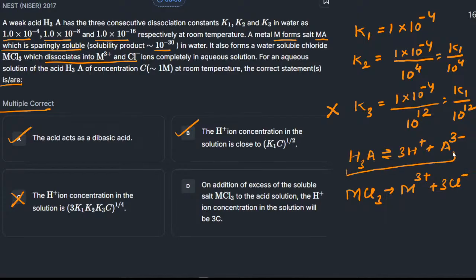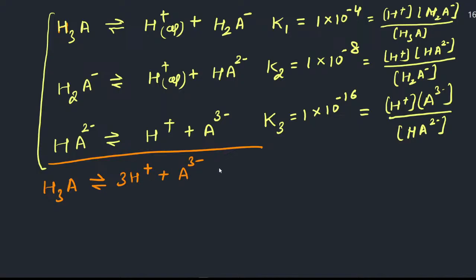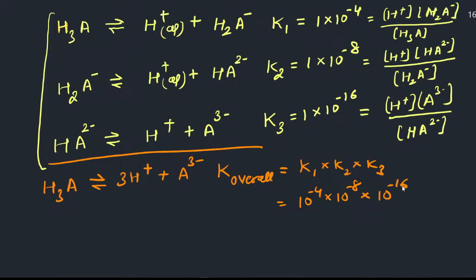This one, last one, when we add all of them, it becomes H3A giving 3H plus and A3 negative. That means overall K for this reaction is K1 into K2 into K3, means 10 raised to the power minus 4, 10 raised to the power minus 8 into 10 raised to the power minus 16.